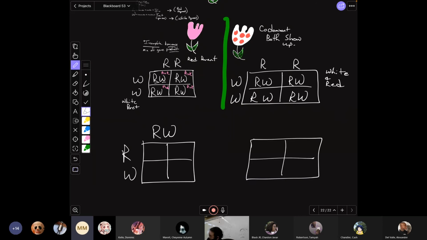There are no hidden genes. There's no carrier, no recessive. So when you get a red and white flower and red and white flower mixing together, you also get this result. Look at what happens.